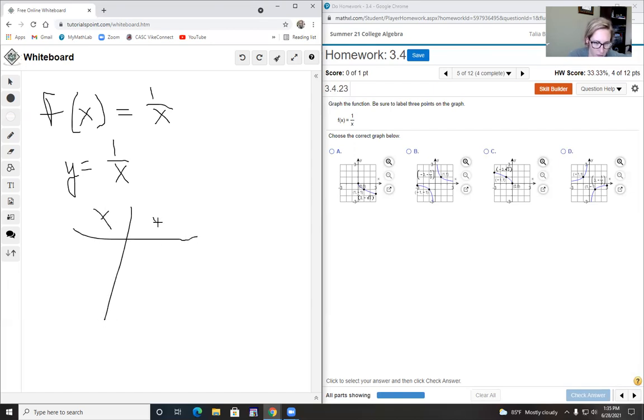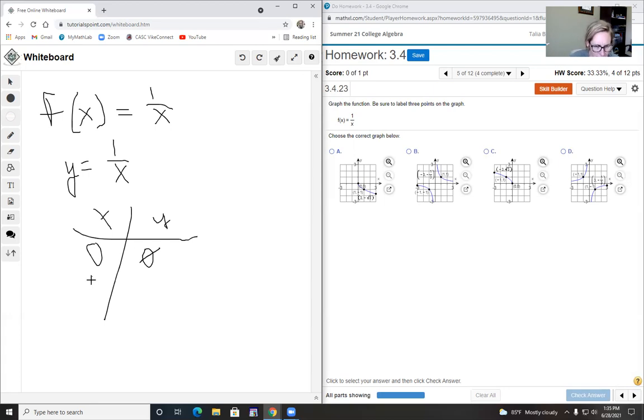We have x and y. x cannot equal 0, because if we have 0 on the bottom of a fraction, we can't divide by 0. So that would be undefined right there. So these that have a value at 0 aren't options, because it's undefined at that point because you cannot divide by nothing. So A and C cannot be options.